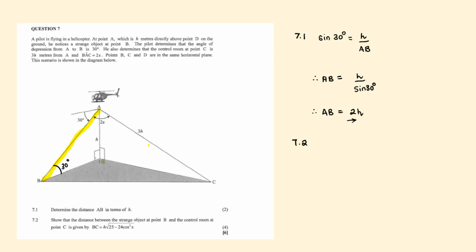But if you look closely, you see that BC also forms part of triangle ABC, okay, and you have an included angle of 2x in that triangle. So this question is set up very nicely to use the cosine rule, okay. So you can state it first of all and then substitute.